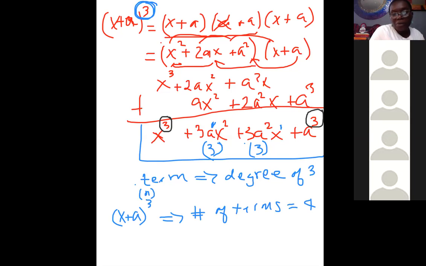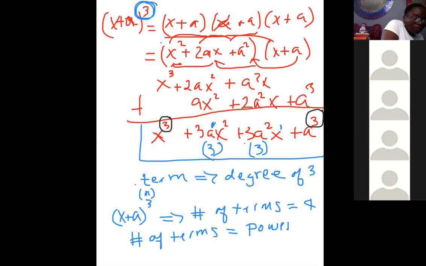So when we generalize this, we could say this: the number of terms is equal to the power plus 1. Now, if we call the power n, then the formula would be n plus 1.